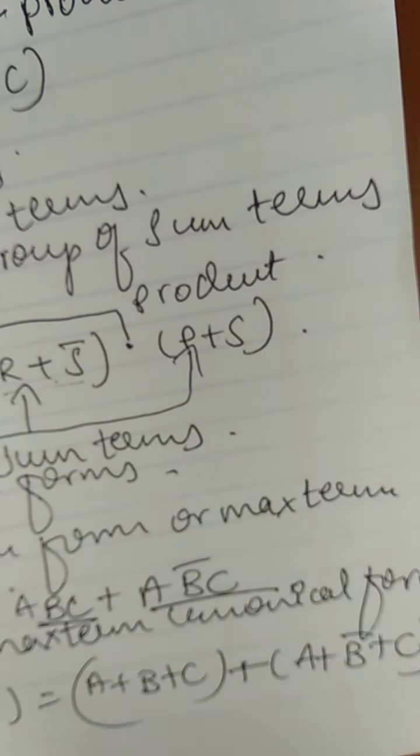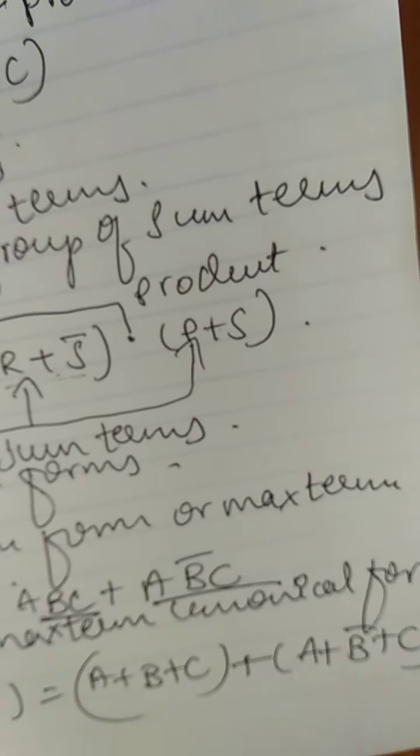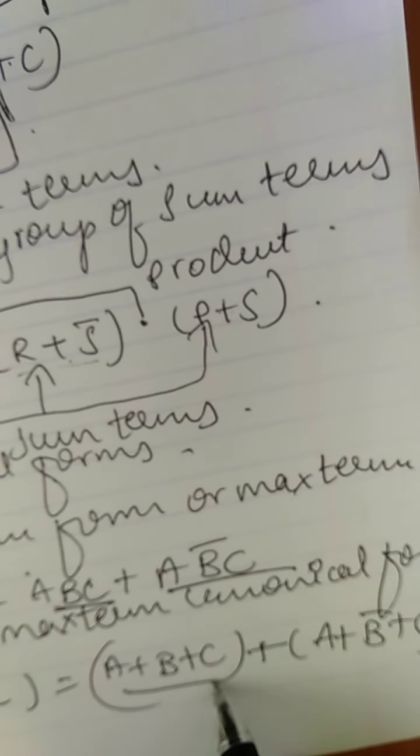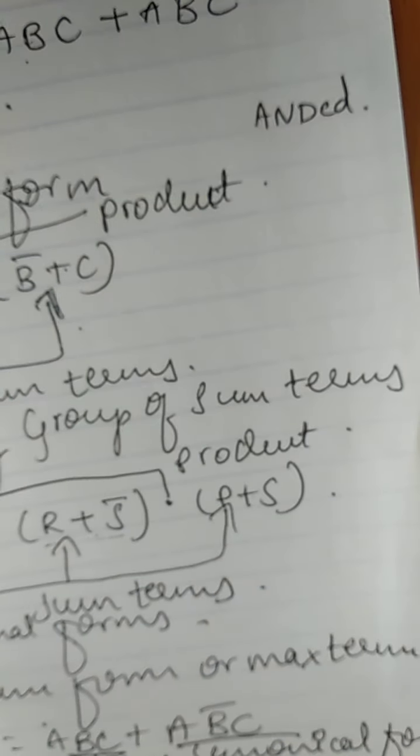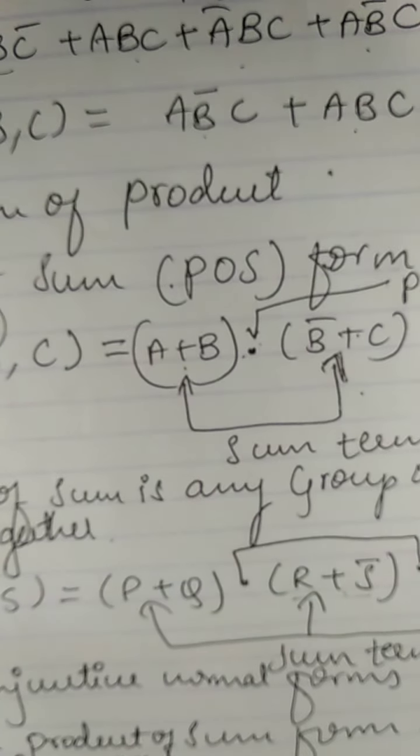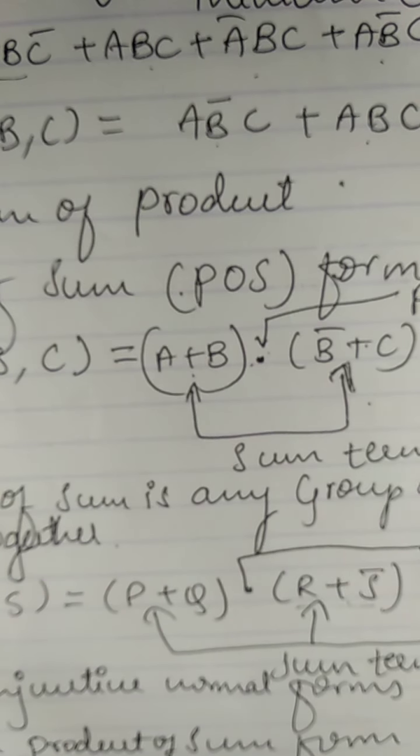Each term consists of all the literals, either in complemented or uncomplemented form. So this is regarding the product of sum and standard product of sum, which is also known as a max-term canonical form.